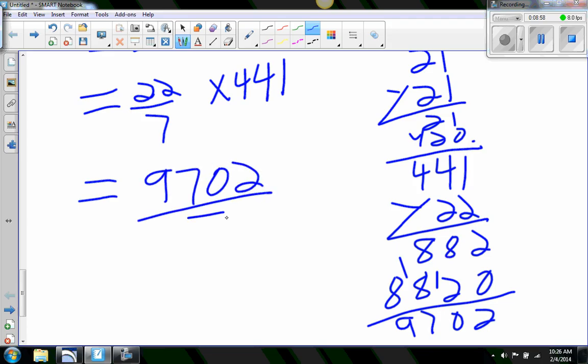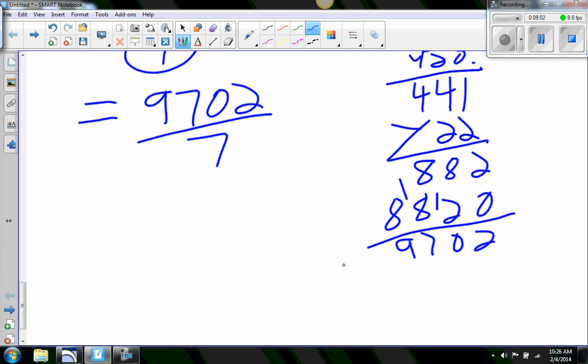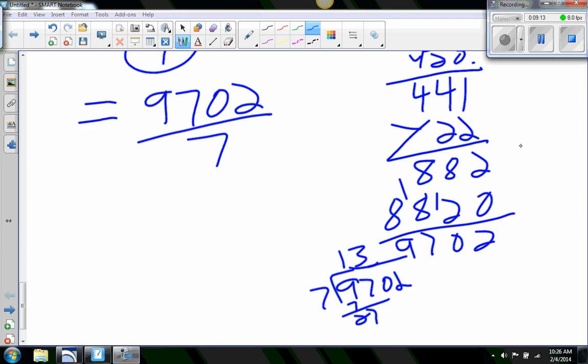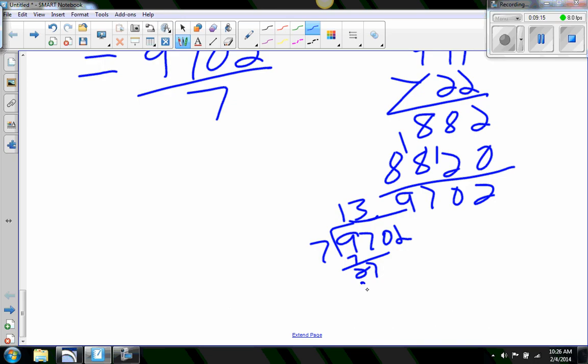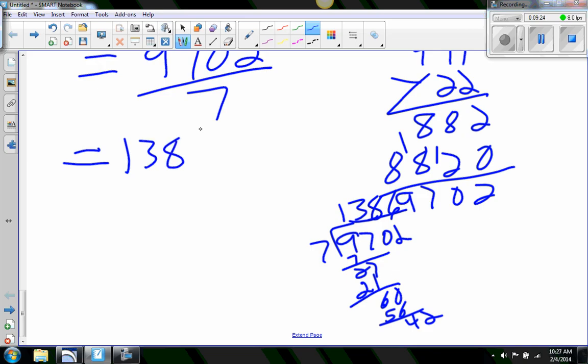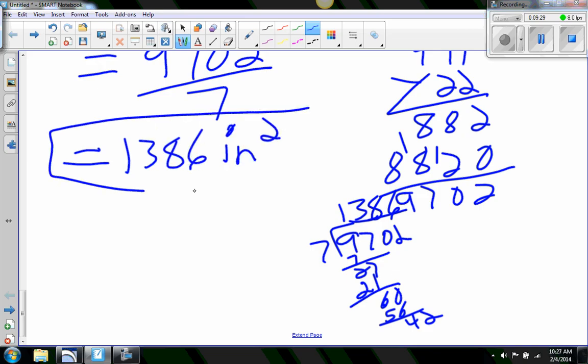And then I have to divide that by 7 to get rid of this 7 right there. So it comes out to be 1,386, and I need to label it inches, square inches.